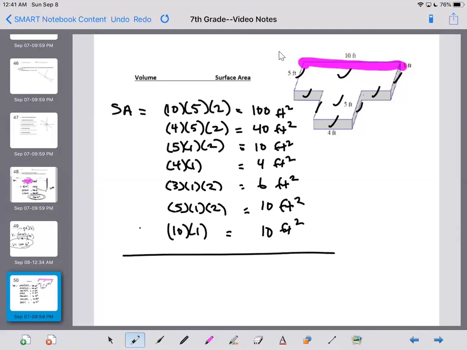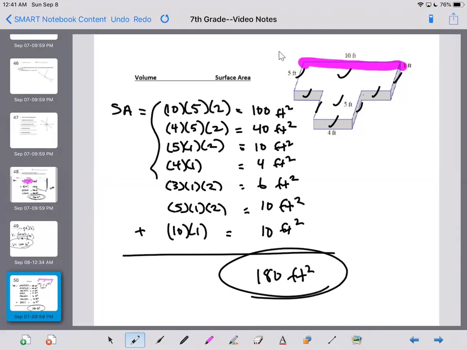So we should be able to add up all those pieces, and we should get 180. So 40, 50, 60, 70, 80 plus 100. So we get 180 square feet as our surface area. So the key to this one is just kind of going through and marking each of the pieces. I labeled them all over here.